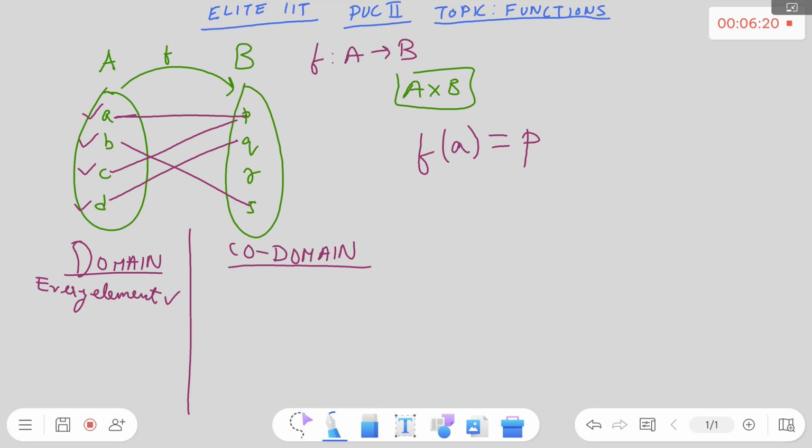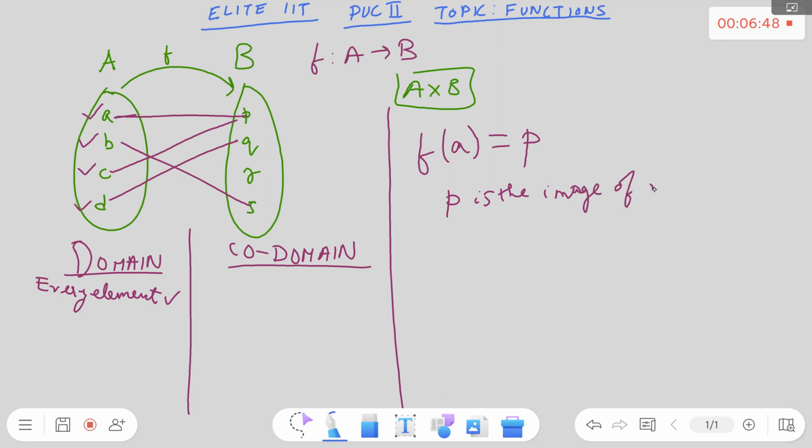Here, a is related to p, f of a equal to p. And after writing this, what are they called? p will be called the image of a. What do we call p? p is the image of a.